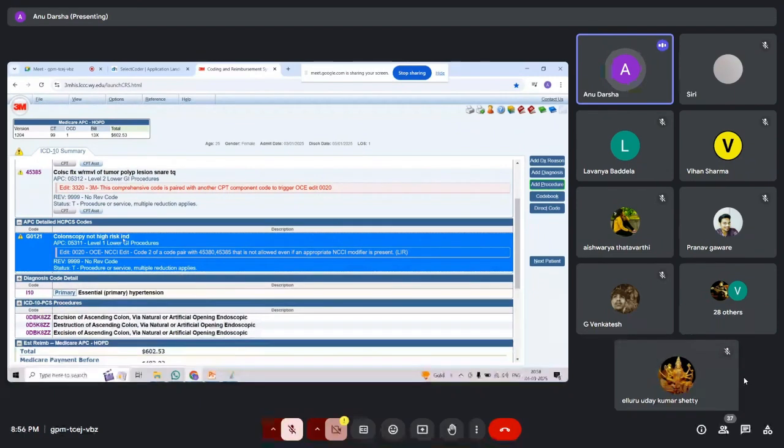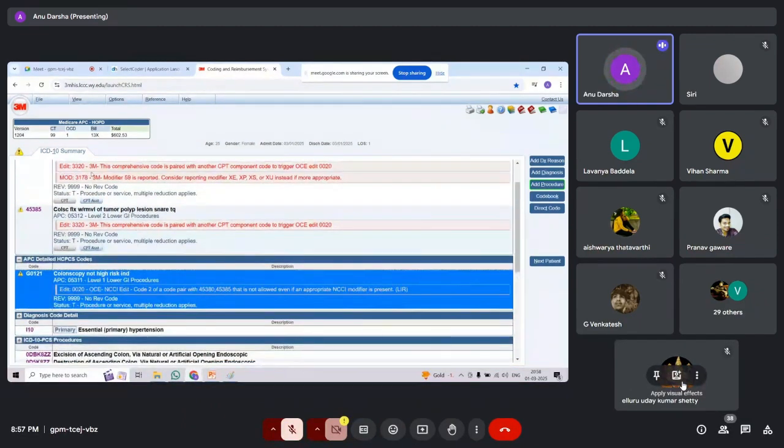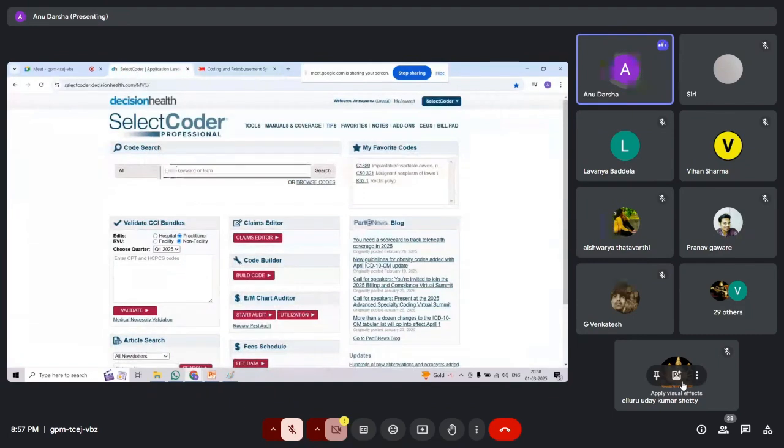colonoscopy not high risk. Okay, here it is showing like this, but I'll show it here.